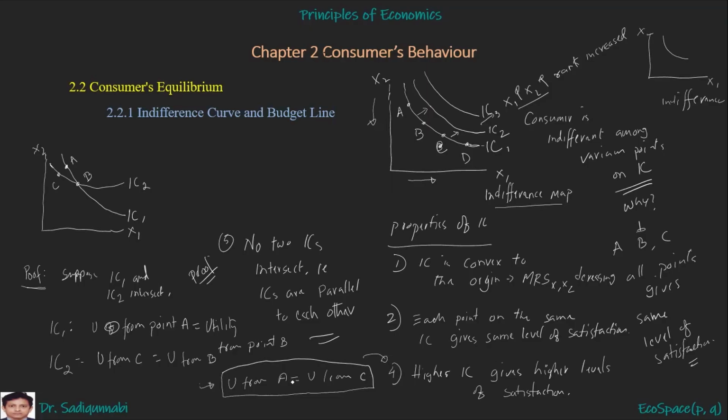So this is not right, that utility from A equals utility from C. So our supposition contradicts.